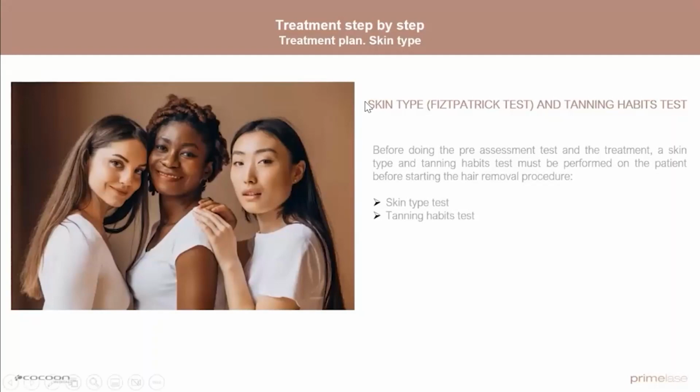Once we know that the patient is well selected and can undergo this treatment and has no contraindications, we need to check what their skin type is. Remember that there are 6 different skin types, from 1 to 6, and to know exactly where the patient needs to be placed, we need to perform the Fitzpatrick test.